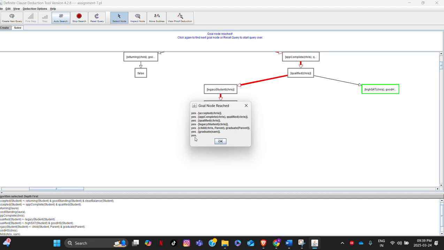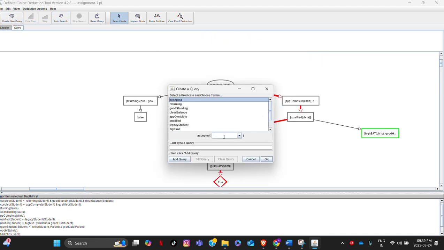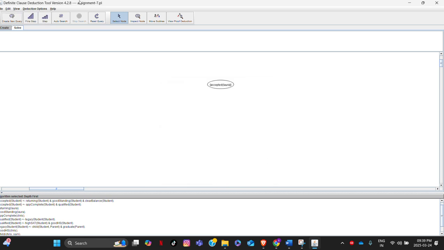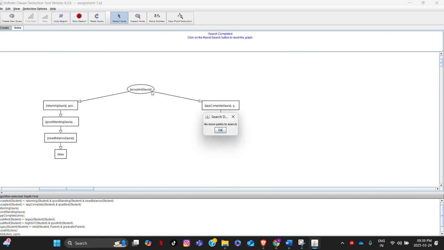But as I also said in my theory, Laura will not be accepted. Let's try that also. As you can see, there's no path to be searched. That means there was no answer for Laura.